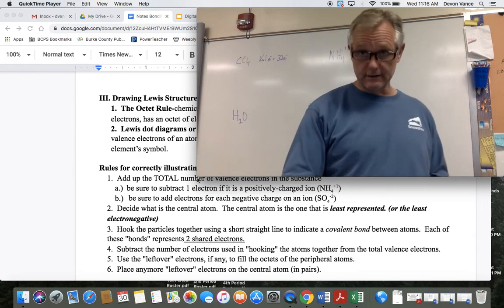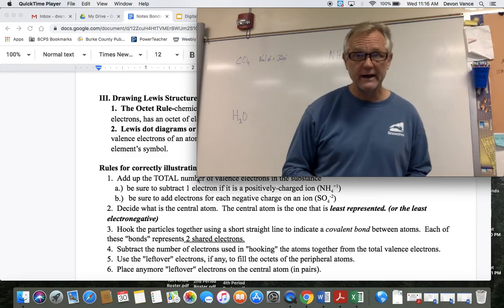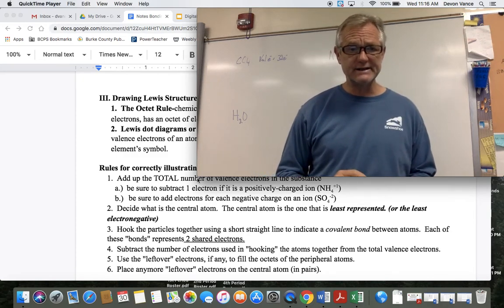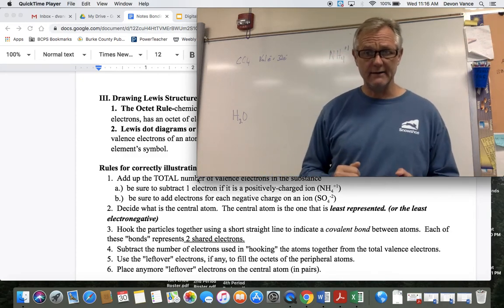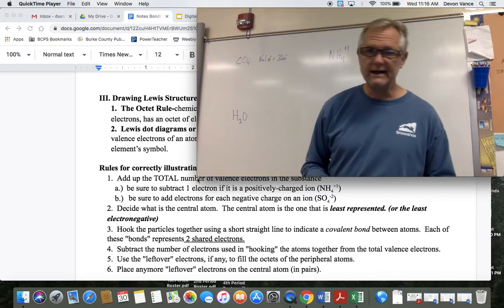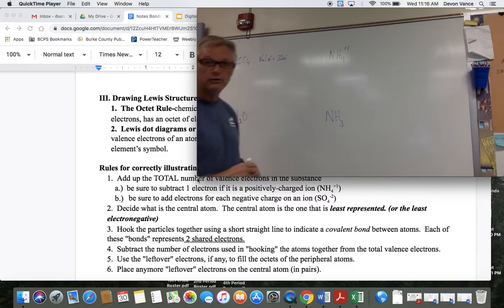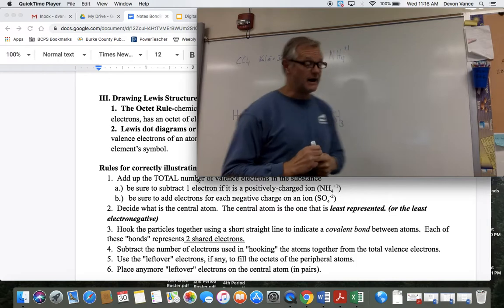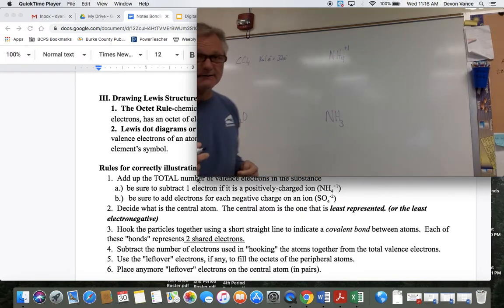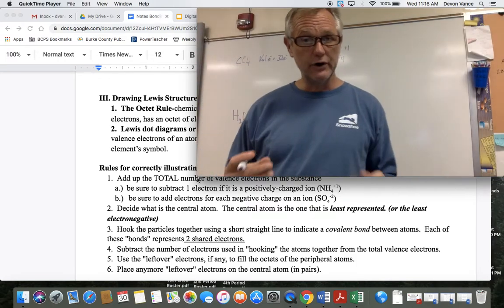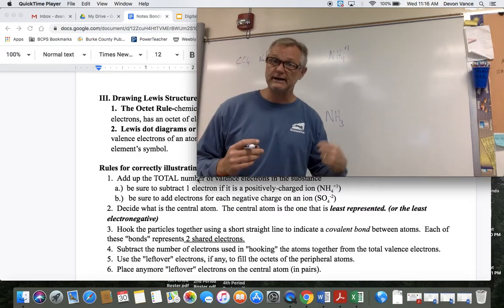Step number 2, and this is on the shared screen, it says decide what is the central atom. Which one goes in the center? The easiest way, guys, is the one that occurs least often. You see I have 1 carbon, I have 4 chlorines, so the carbon would be the one in the middle. So I'm going to put, and this is step number 3, says I'm going to hook these particles together using single bonds.